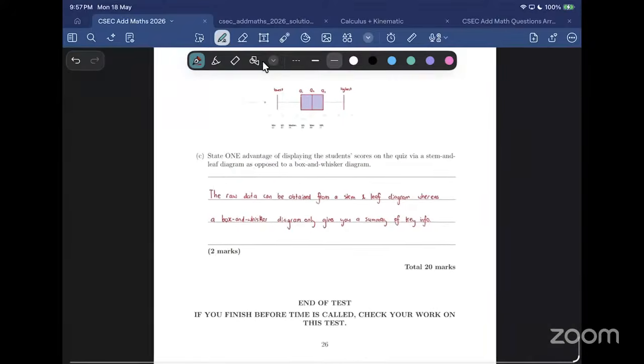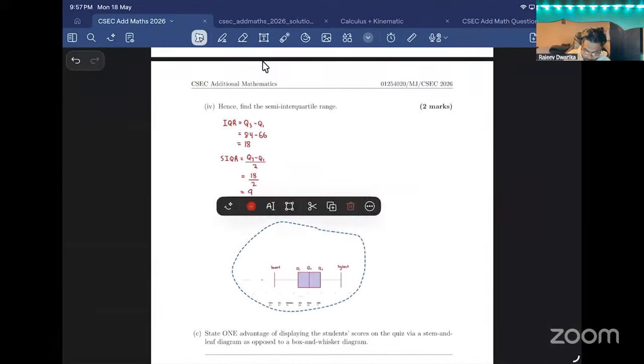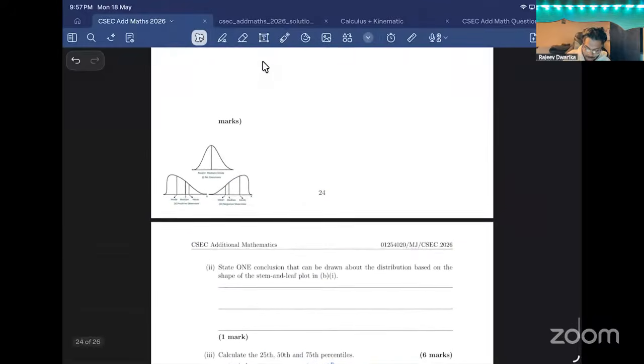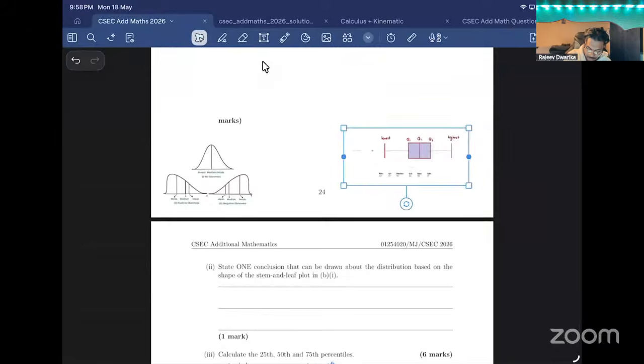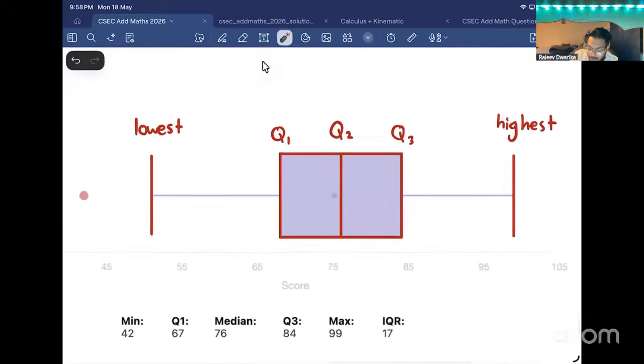Alright, let me go back to the skewness. When you look at this, just from observation, I want you to think of this as the middle. Where's most of my data, to the left or to the right?